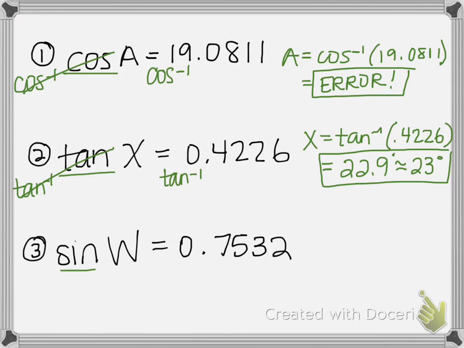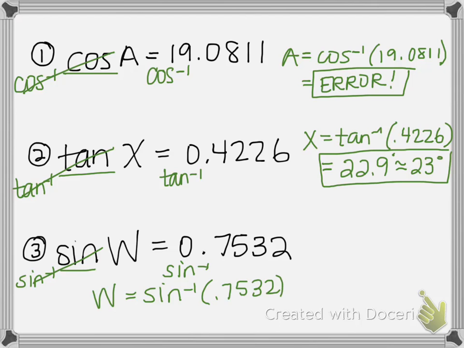Here we're using sine inverse of both sides, and we find that W equals sine inverse of 0.7532, which will give us 48.9, which is about 49 degrees.